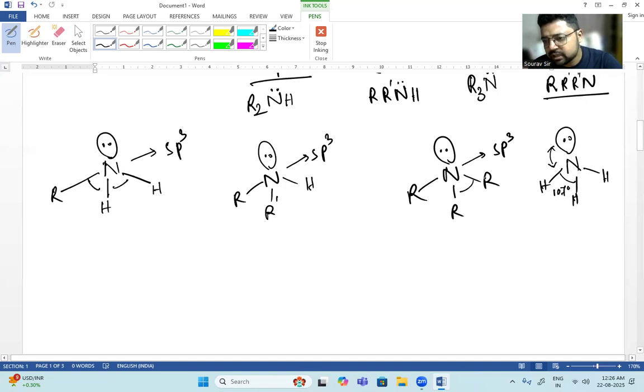But for this, as the alkyl group has a carbon atom, which is slightly more electronegative than hydrogen, you will find that this angle is slightly more than 107, nearly 108 degrees. This NR part is 107.5 degrees. So likewise, you will have this change.